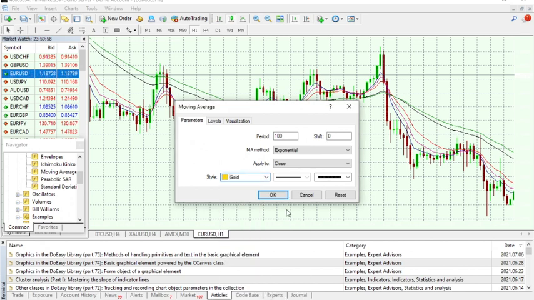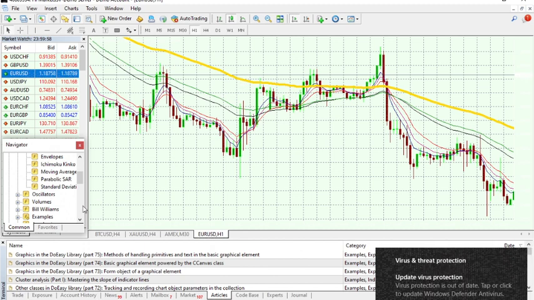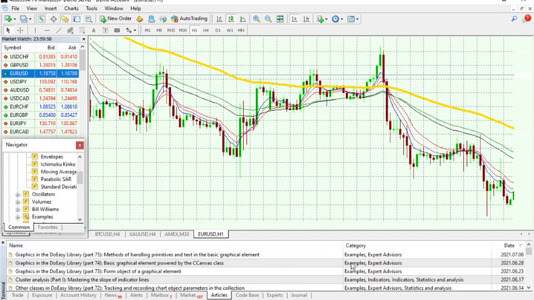Okay, I think this gold yellow can do. Okay, now, yeah, we have that thick yellow. Remember, the thick one over here is your 100. The thick one over there is your 100.